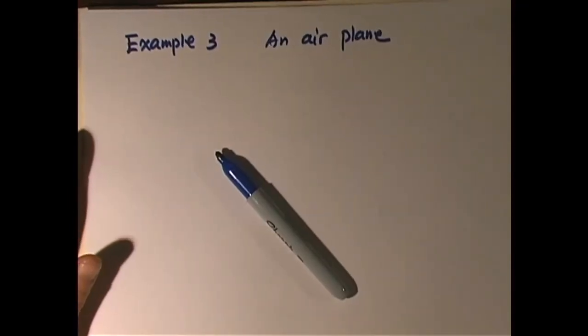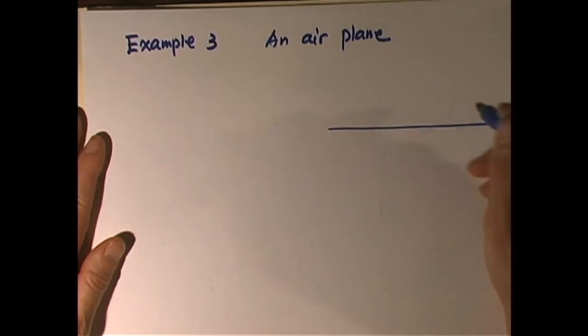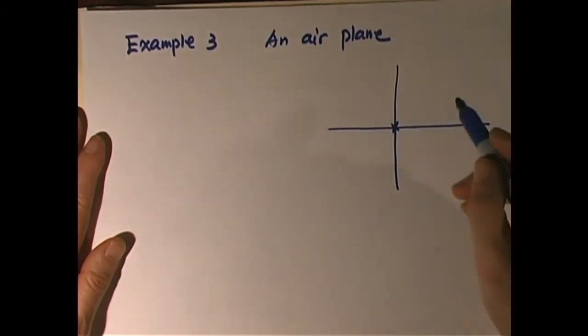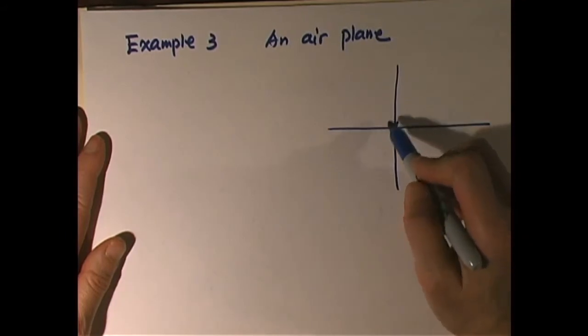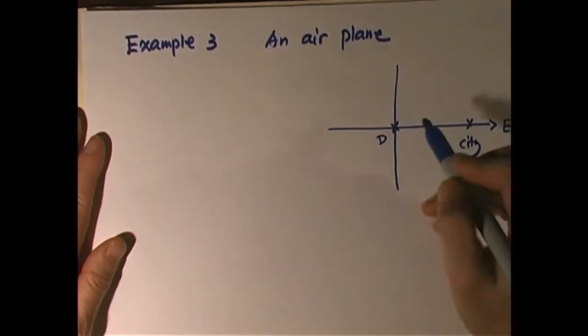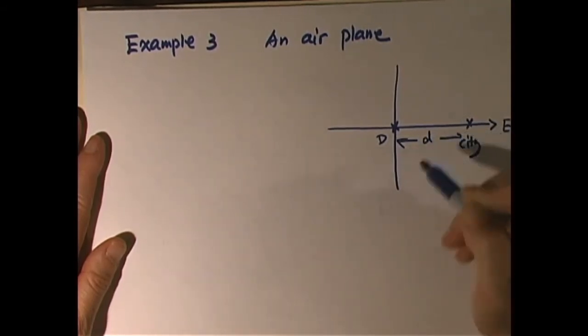Let's look at another example. What if we fly an airplane? We start from a departure point, which is, say, right here. And the city that we want to reach is distance D due east.